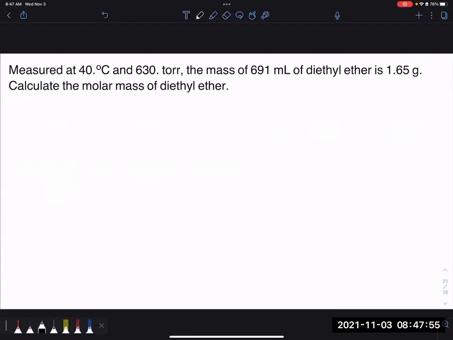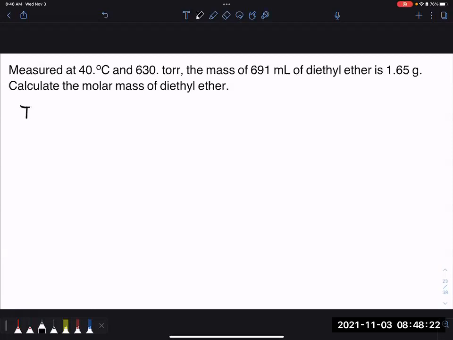Measured at 40 degrees C and 630 torr, the mass of a 691 milliliter sample of diethyl ether is 1.65 grams. Calculate the molar mass of diethyl ether. How do we want to attack this problem? Let's write down all the stuff that we have first.